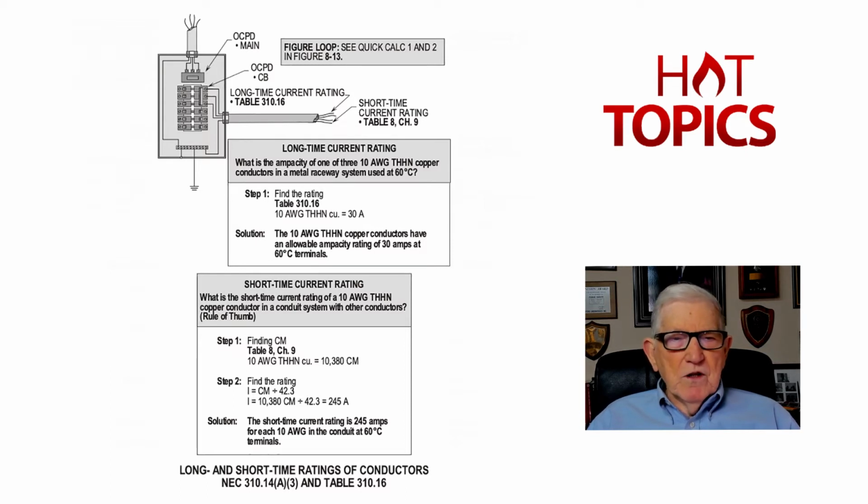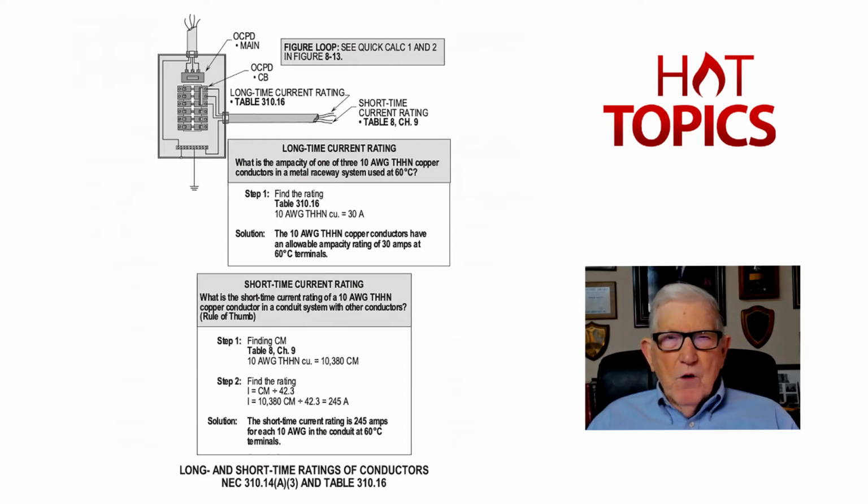Now you notice the short time current rating. We would go to our Table 8 in Chapter 9 on page 705 of your code book, I believe. And a number 10 circular mill rating is 10,380.